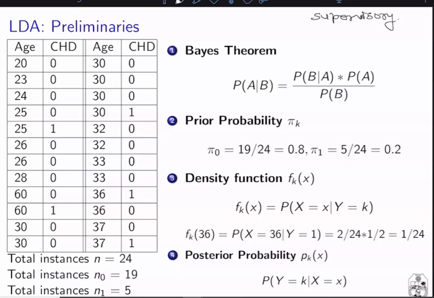To illustrate the working of the LDA, I am using the training data set that we used for logistic regression, in which we are trying to classify whether a particular person is suffering from coronary heart disease, or CHD, based on the age of that person. Here we have a sample data set of 24 different persons with varying age who can suffer from coronary heart disease.